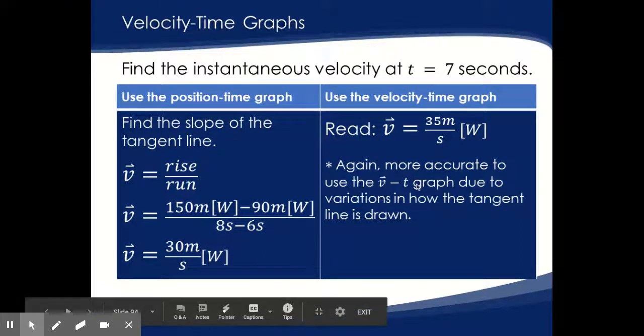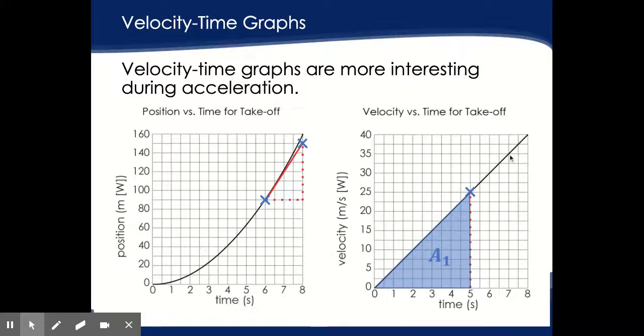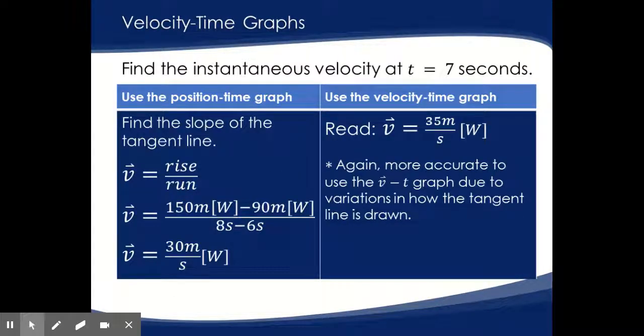If you use the velocity time graph, you can read it straight from the graph because it is here. So at, where were we at, 7 seconds, you can go up and find exactly what the velocity was at that point in time. So 35 meters per second west. So again, it's more accurate, it's more exact to use your velocity time graphs just because you can have slight variations in how your tangent line is drawn.